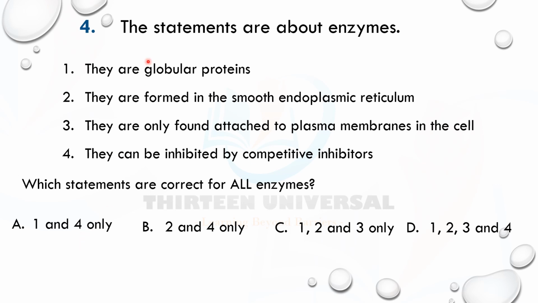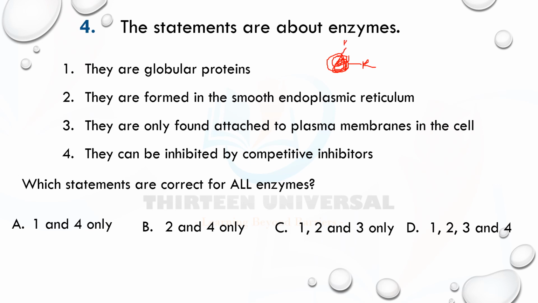So guys, don't forget that enzymes are globular proteins. So the question is, what are globular proteins? Globular proteins are proteins that are coiled up into a ball-like or spherical shape, so that hydrophilic R groups are on the surface.